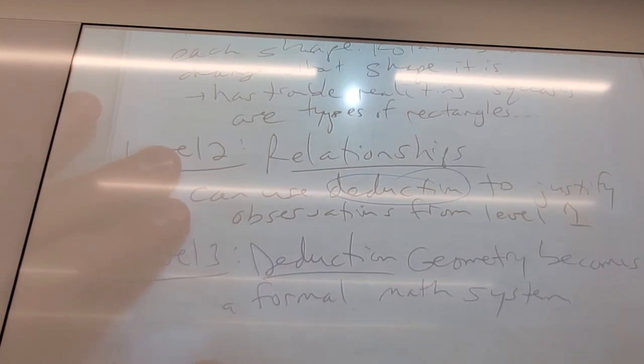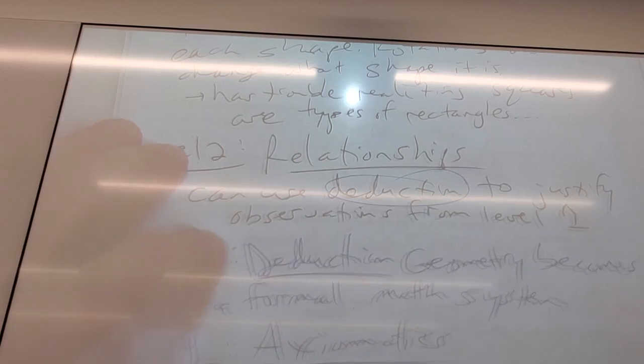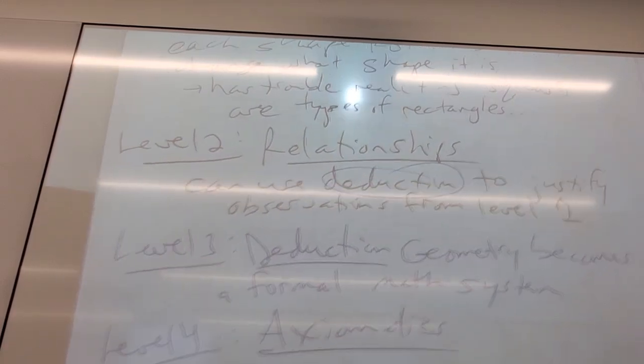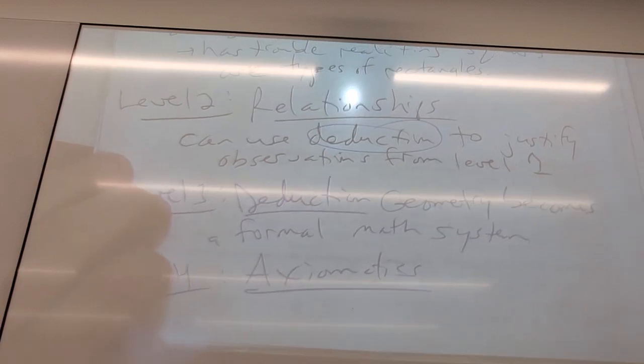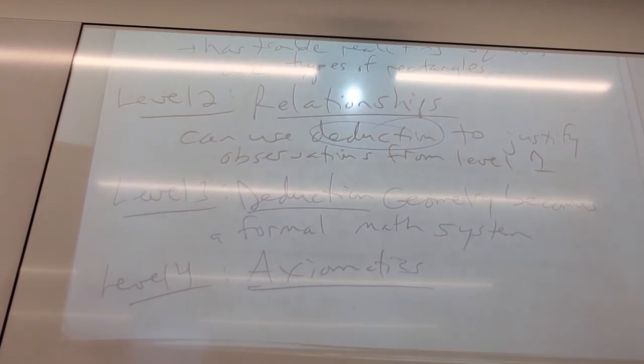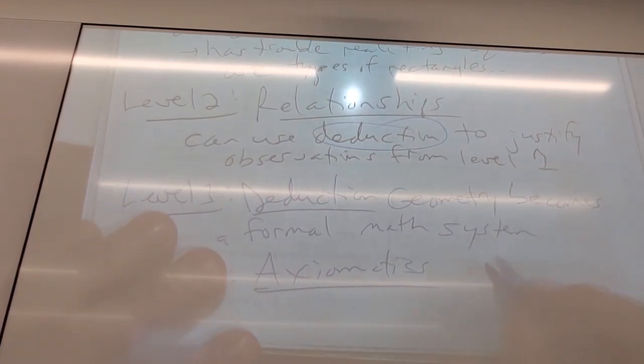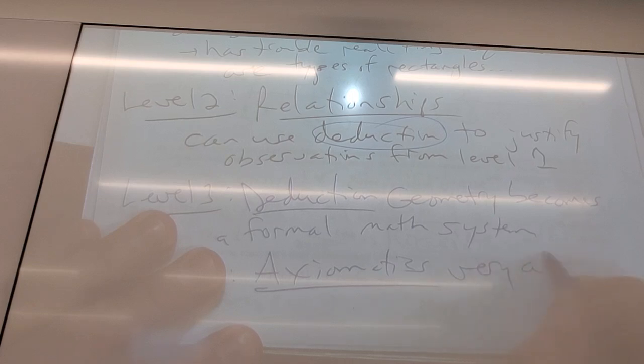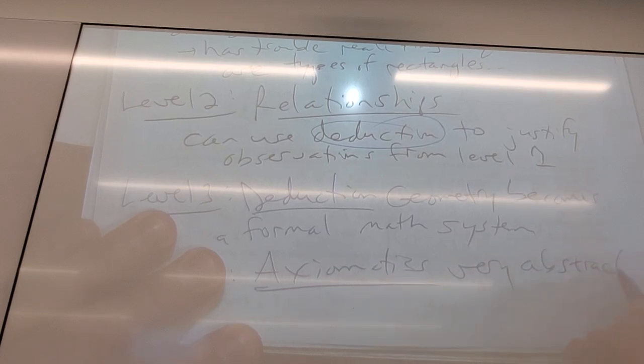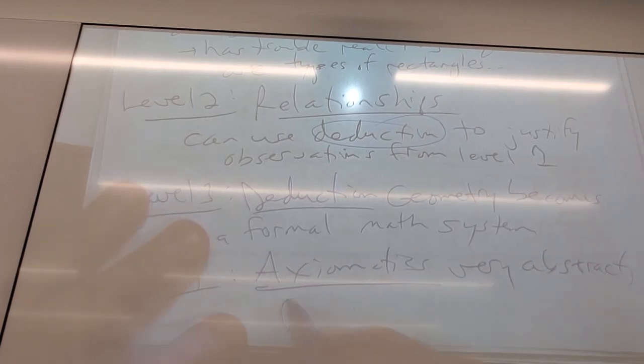And then you got the ultimate level here. This is called axiomatics. Oh my God, I think I just said this word. You see, it uses axioms. So this is very abstract. You have your postulates and you have your axioms.